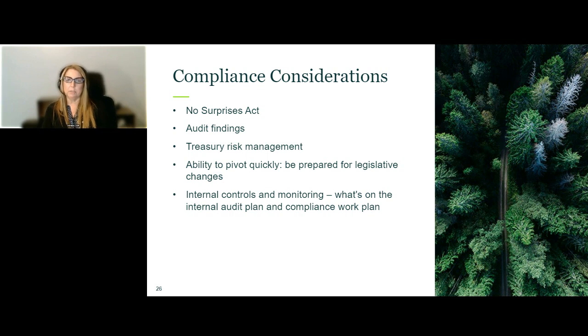Also, what we're seeing, just as a natural part of the No Surprises Act, is there's going to be some increased write-offs. Some organizations aren't yet monitoring what that level of write-offs looks like to understand what the impact might be to the bottom line.